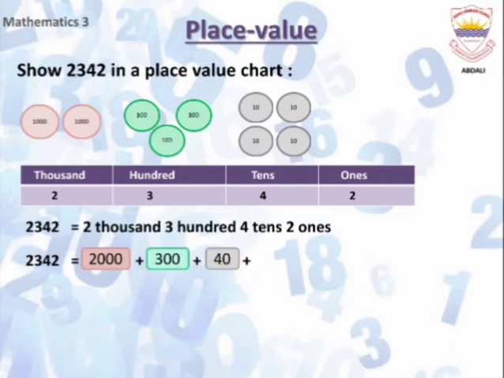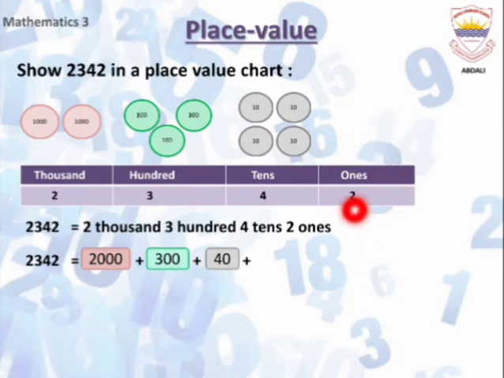Now students, the last digit is 2 and it is placed at ones. Do you know about ones? Yes, students. The ones digit is the last digit of any number.